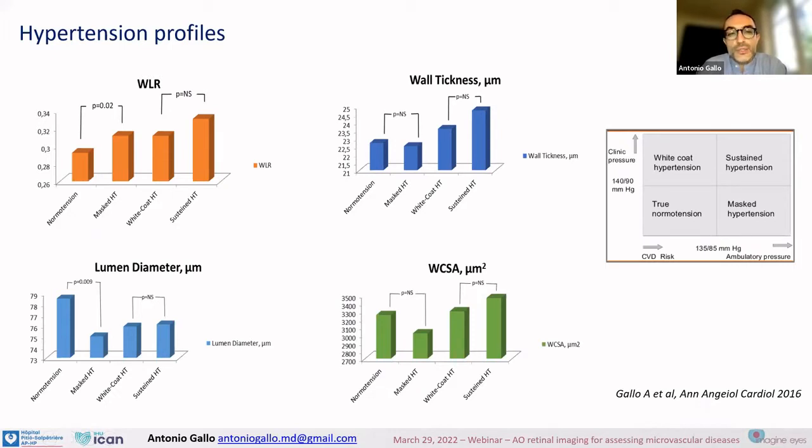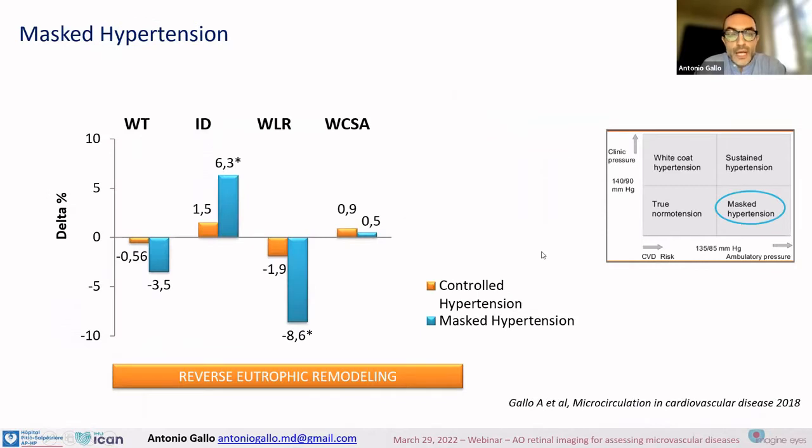And this was associated with an increased wall thickness, whereas subjects with masked hypertension, meaning who had normal blood pressure levels in the office but increased blood pressure levels at home, had very tightened arteries, meaning a very small lumen diameter.